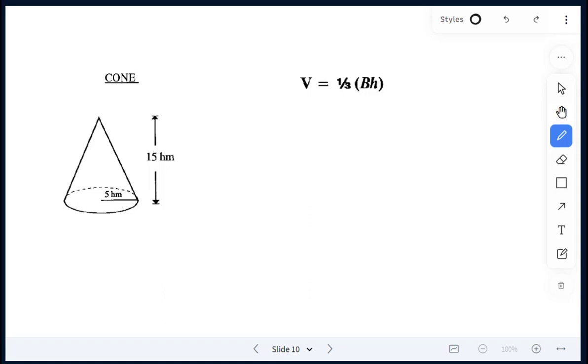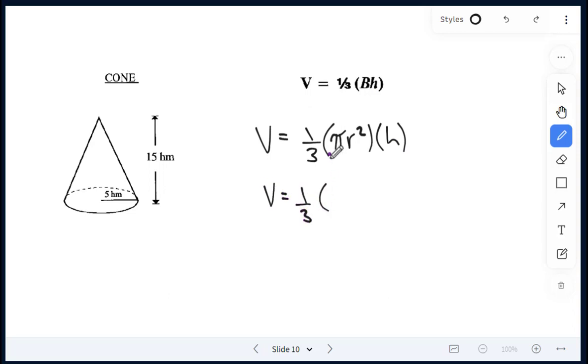Lastly, we are looking at a cone. Volume formula is still the same, 1/3 area of the base times height. We have a circle as the base. Anybody remember the formula for area of a circle? Okay, so 1/3 area of the base is pi r squared, and then multiplied by its height.